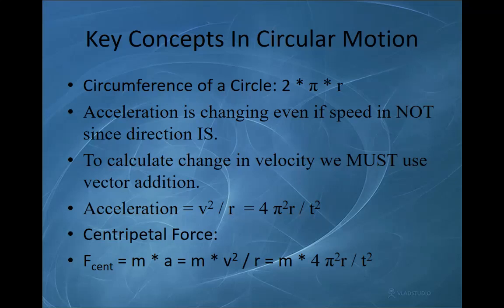And if you have questions about how that works out, you can come into office hours and we can go over it. And then centripetal force still is Newton's second law, F equals ma. But in this case, a is v squared over r, which we just showed above. So F centripetal equals m v squared over r, or equals m times 4 pi squared r over t squared.